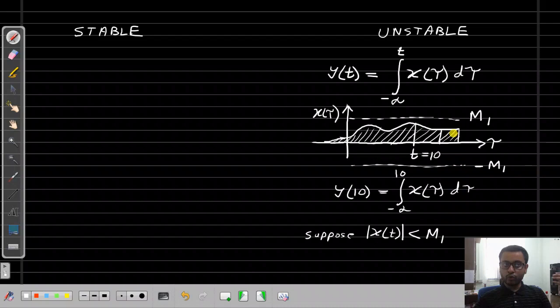For example, if x of tau becomes constant after this point, then the area under this curve, which represents the value of the output, will keep increasing without any bound. So that system is an unstable system.